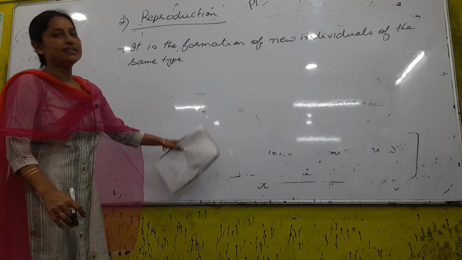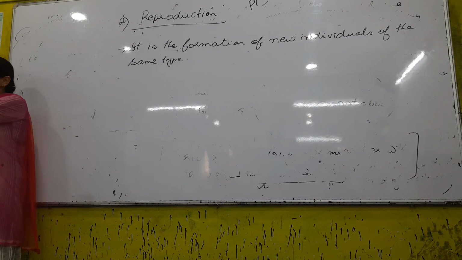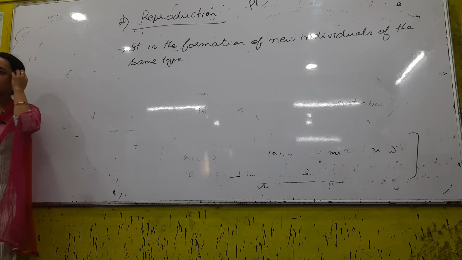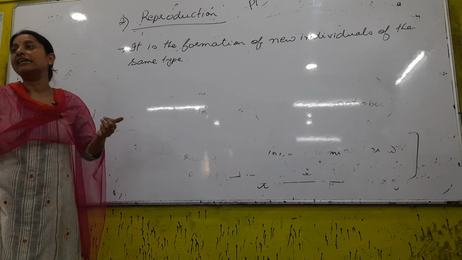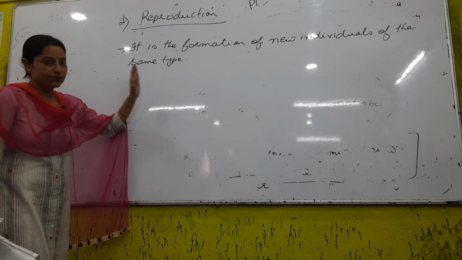Just a simple definition about reproduction. Next question, why do organisms reproduce? To survive, right? For the continuation of their species, right?